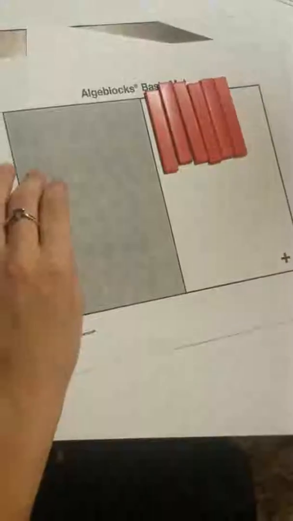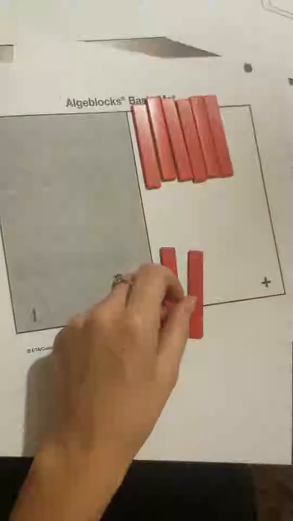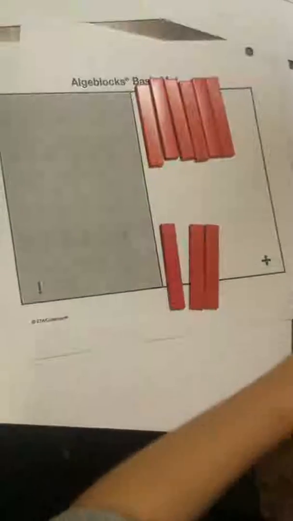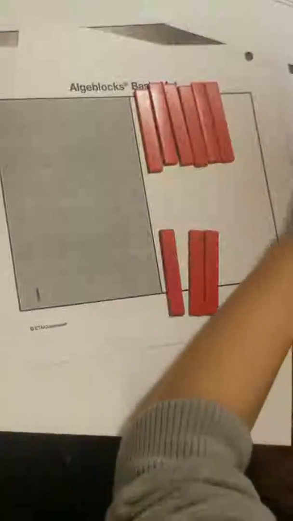Now, it says add 5x. So, there's not a negative sign. That means we're going to add 5 on the mat. Positive 5. So, 1, 2, 3, 4, and 5.